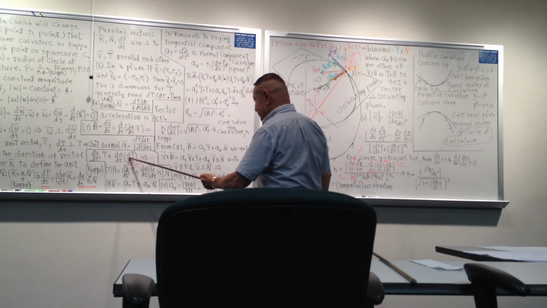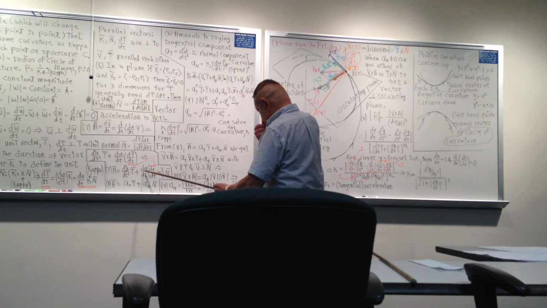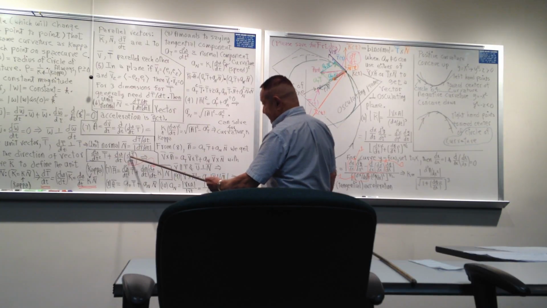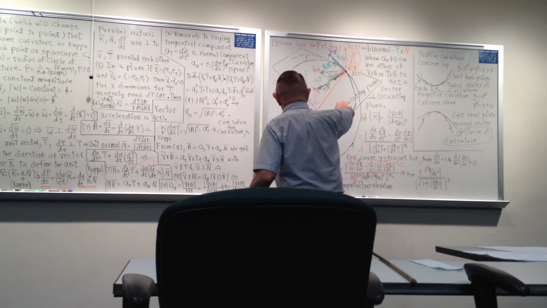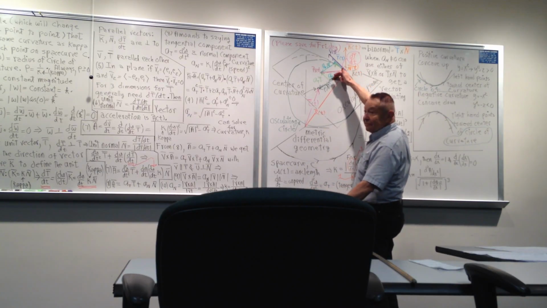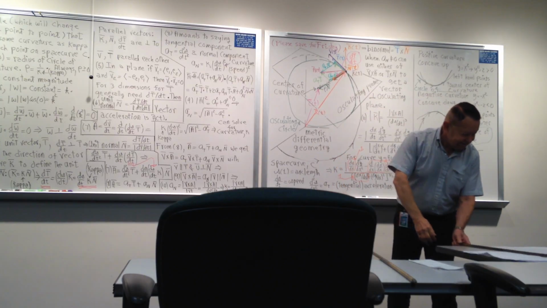So we replace dT/dt with ds/dt kappa n. So now you have the speed twice, and you get speed squared, curvature speed squared. And that would be the magnitude of the green here.